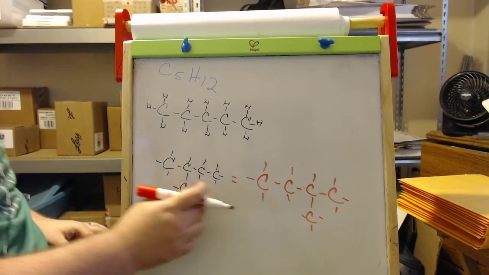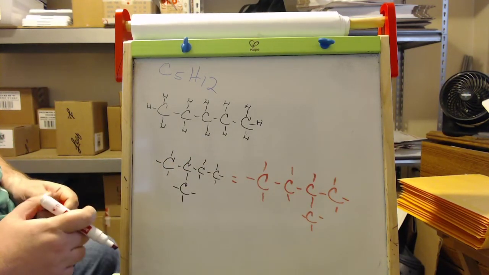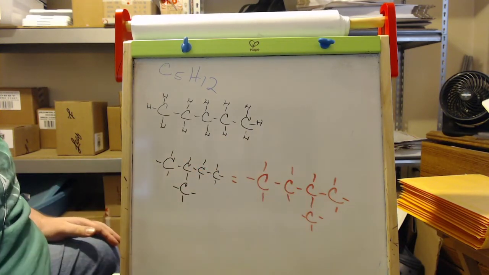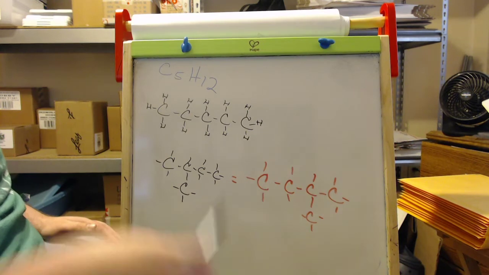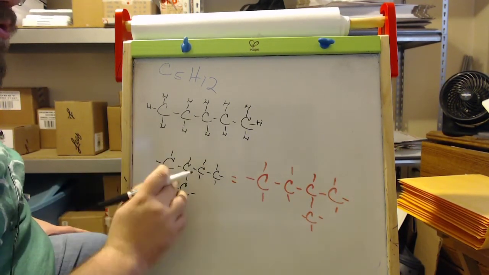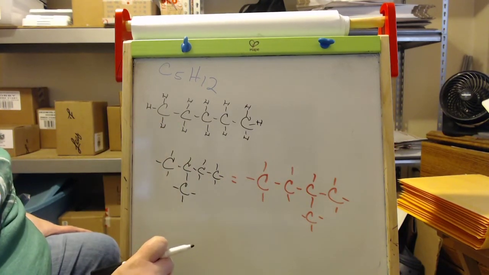And I know what you're saying. Well, I'm numbering this 1, 2, 3, 4. So this one's on the 2nd carbon, this one's on the 3rd carbon. No, it's not. When you are numbering your carbons, you take the shortest distance to the thing that's not a hydrogen bonded to your carbon.